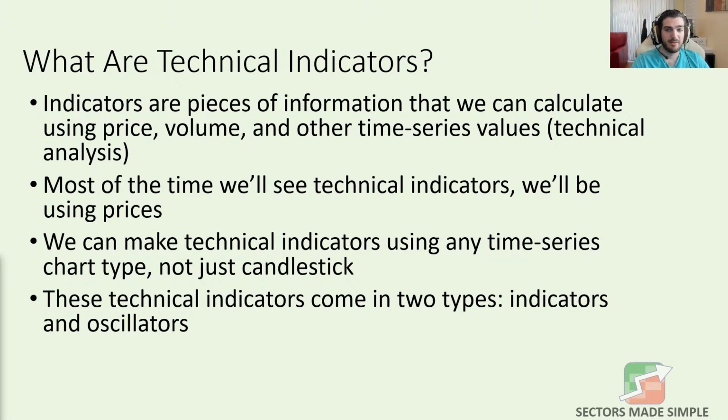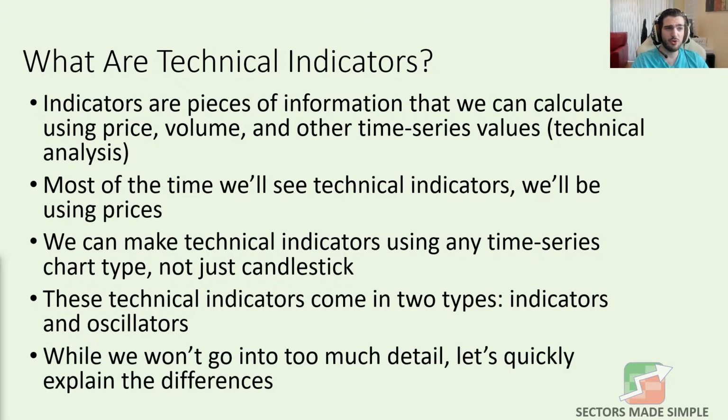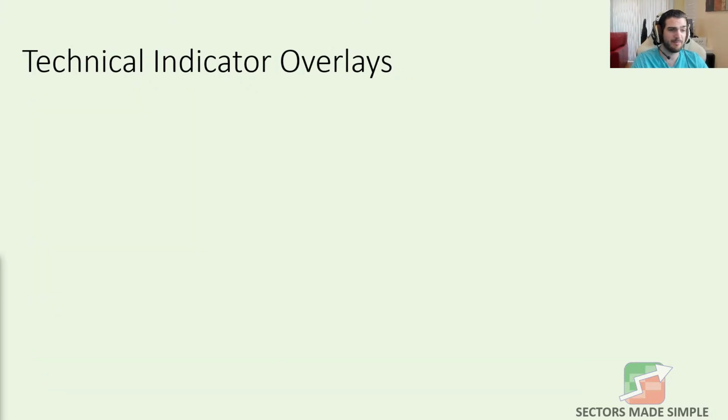Now, these technical indicators come in two main types: indicators and oscillators, or overlays and oscillators. We're not going to go into too much detail about how to calculate all of these different overlays and oscillators. Instead, we're only going to talk about the differences and some examples of common ones that you might see or hear about.